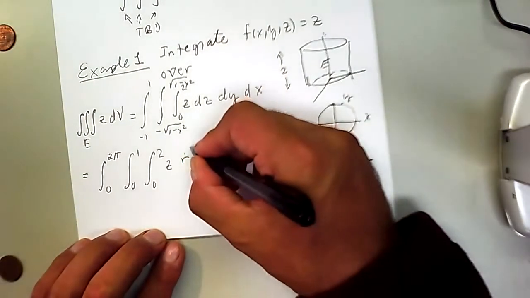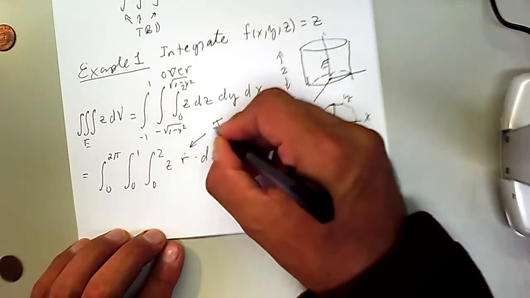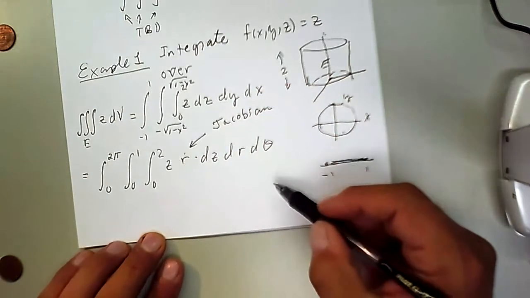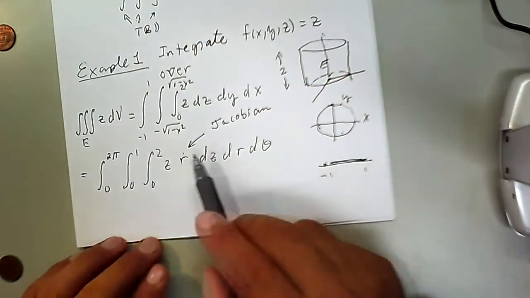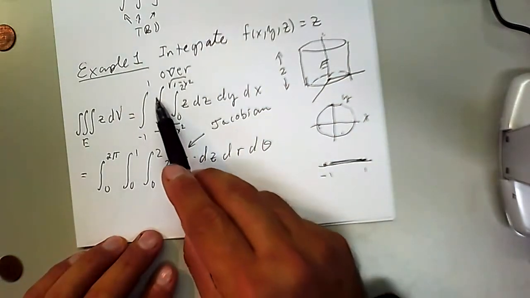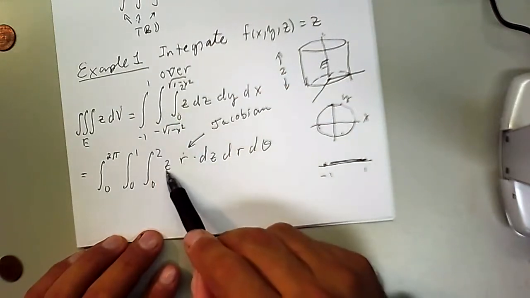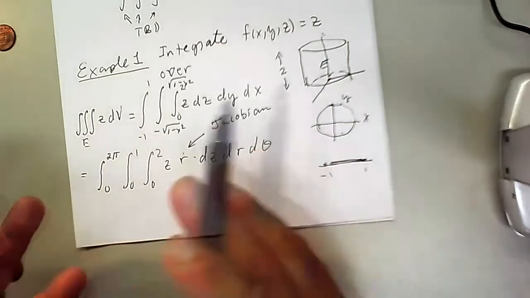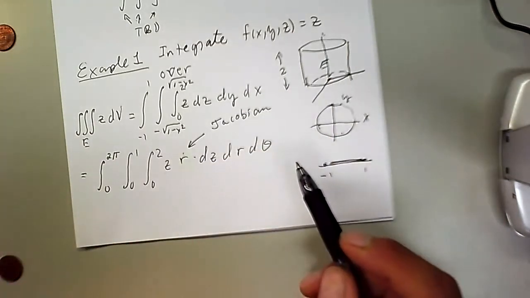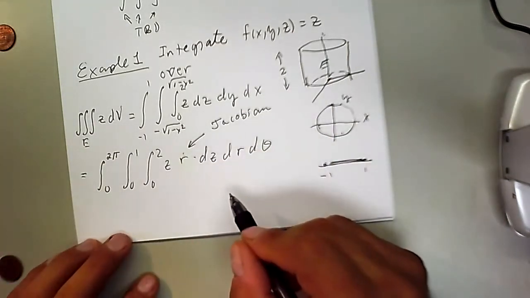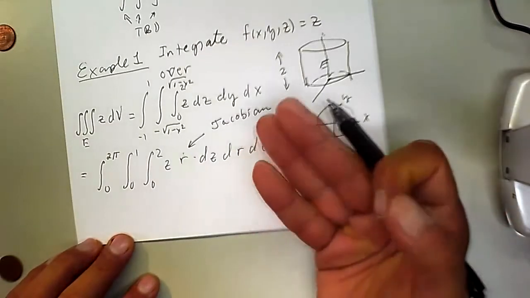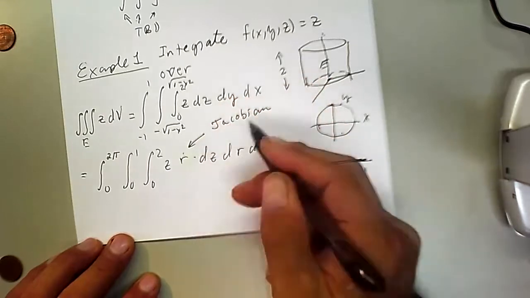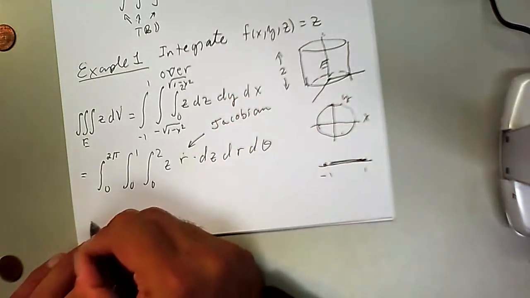So that r is called the Jacobian of the transformation of going from Cartesian coordinates to cylindrical coordinates. Cylindrical and polar, they're pretty much the same, except that in cylindrical we have three variables, z, and in polar we only have 2. But this z doesn't change anyhow.